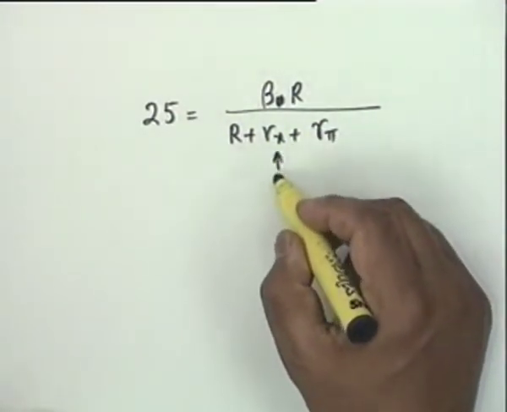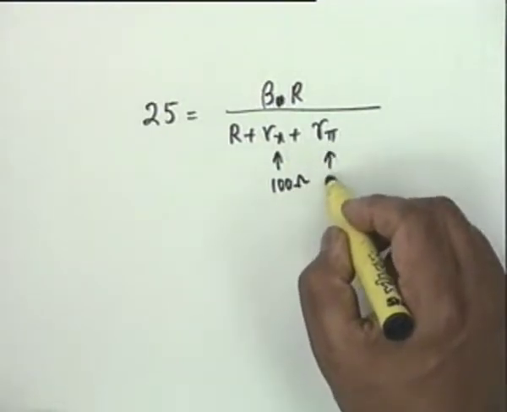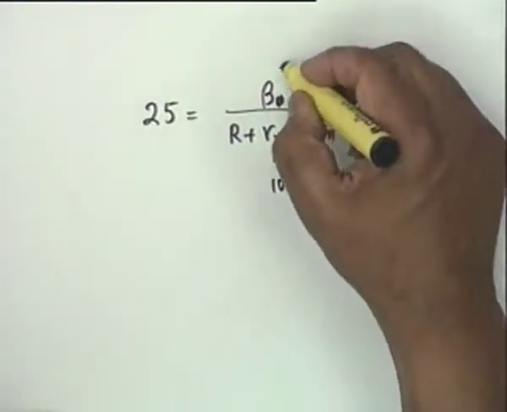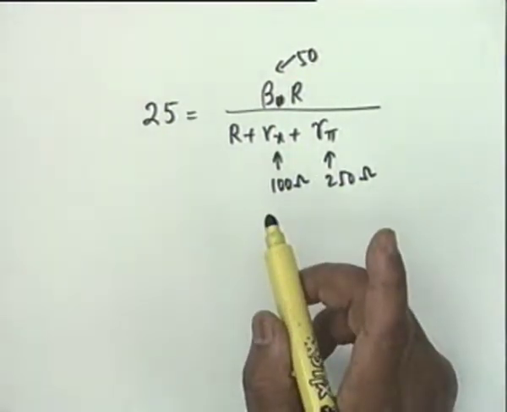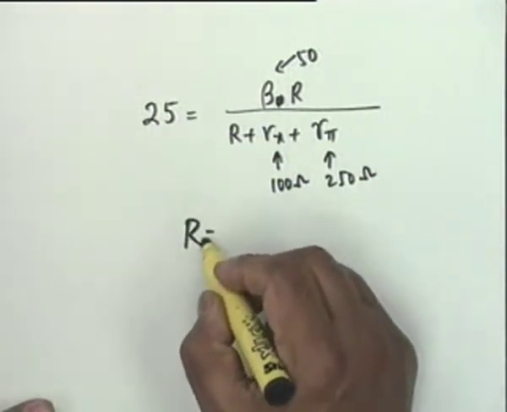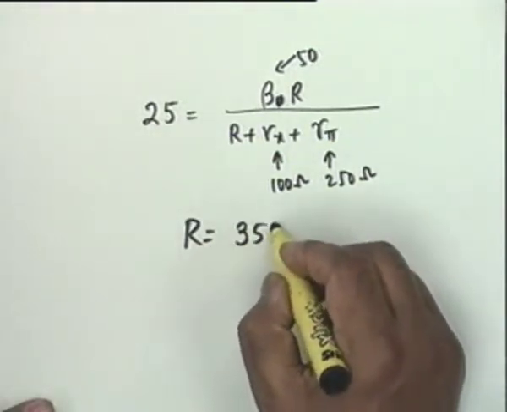Rx is 100 ohm, R pi is 250, beta is 50, and therefore you can find out R. Capital R is the series resistance of the inductance, and capital R comes out as 350 ohms.